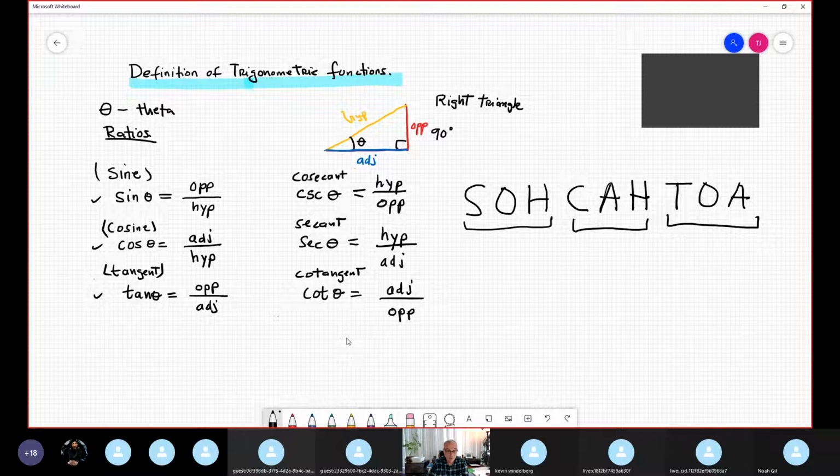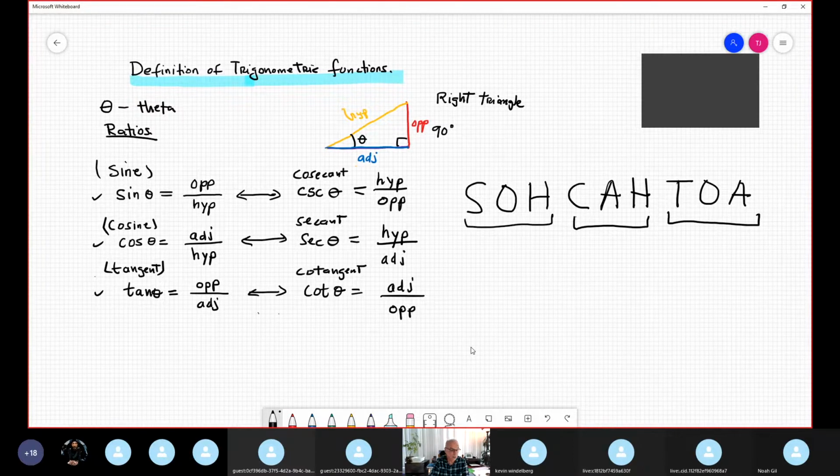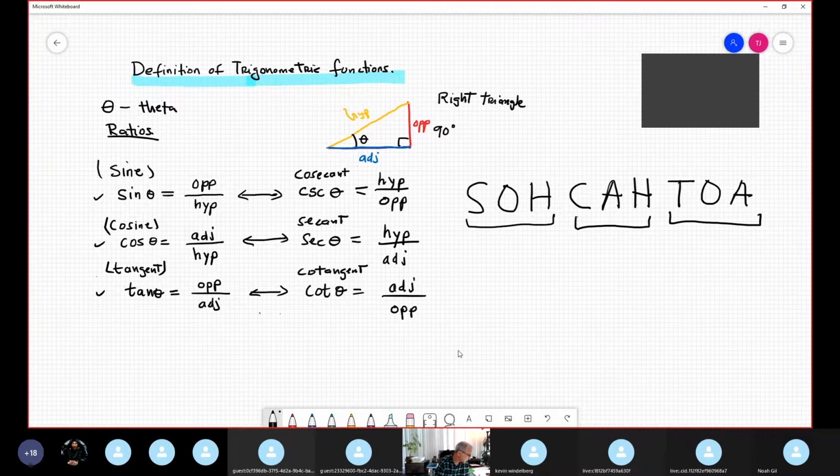You need to know by memory that cosecant is the reciprocal of sine, they are a family, secant and cosine, and tangent and cotangent. You remember the music, it's a mnemonic device. However, you can use my cheat sheet here anytime, and in the cheat sheet you see the definitions.